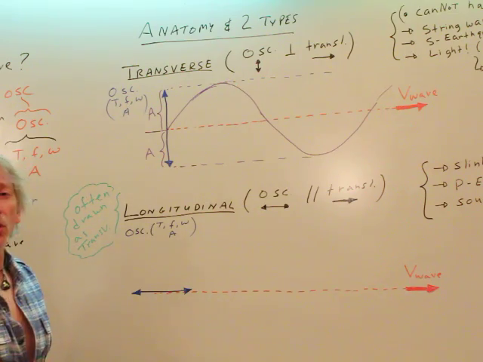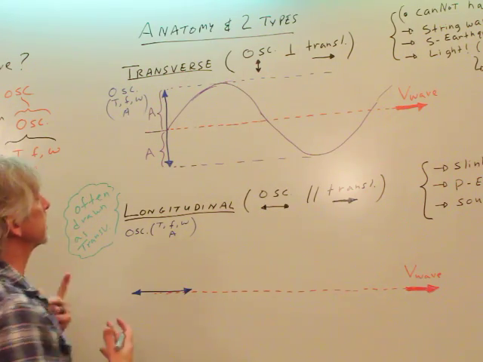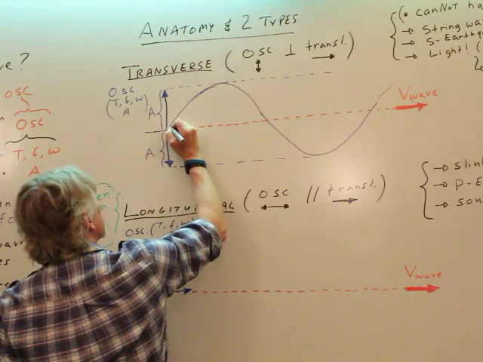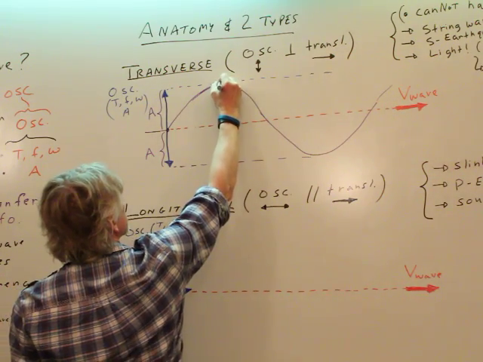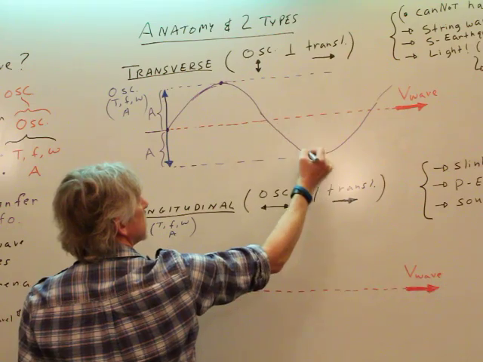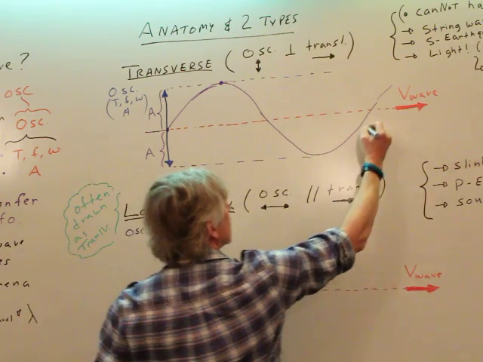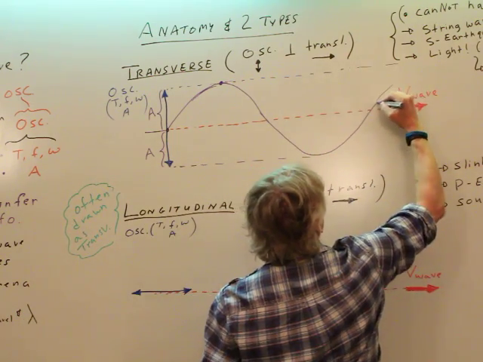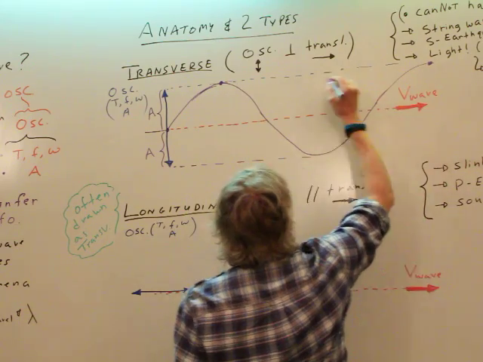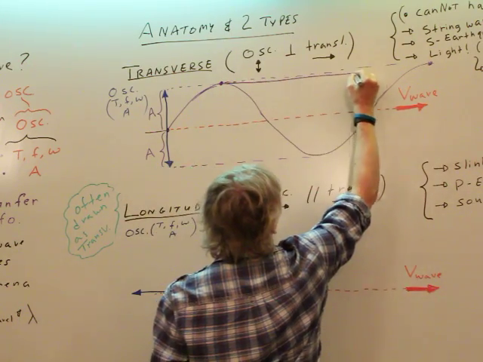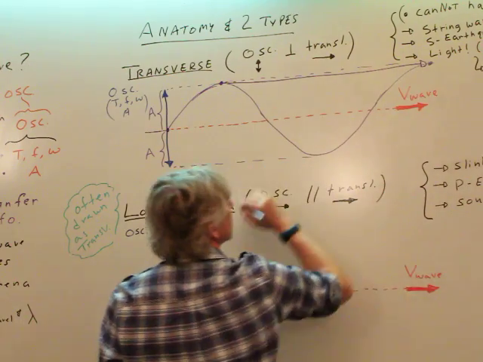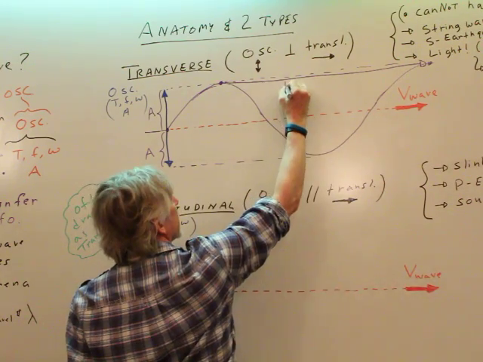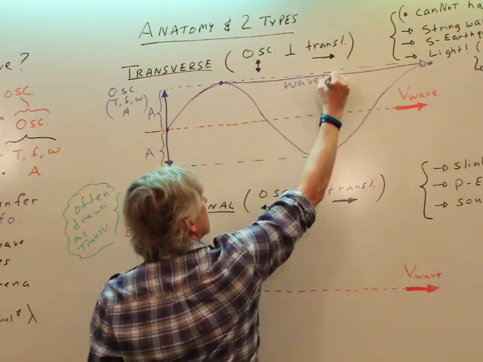And so what emerges, an emergent property, let's do it from the peaks. From one peak, that's not a wave. Where's the wave? I've got to go all the way to another peak, right? And so that would be the length of one wave or one cycle. Of course, we call that a wavelength.